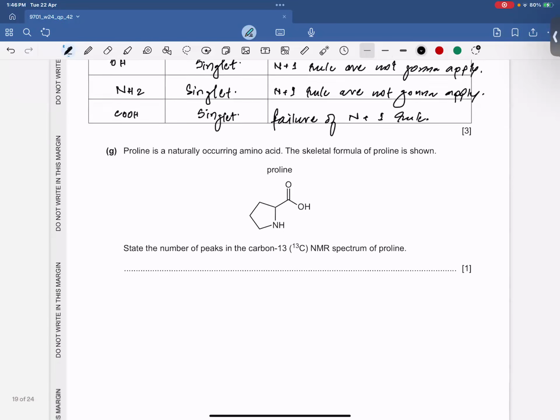Proline is a naturally occurring amino acid. The skeletal formula of proline is shown. State the number of peaks in the carbon 13 NMR spectrum of proline. So how many peaks will proline have? 1, 2, 3, 4, 5. 5 peaks.